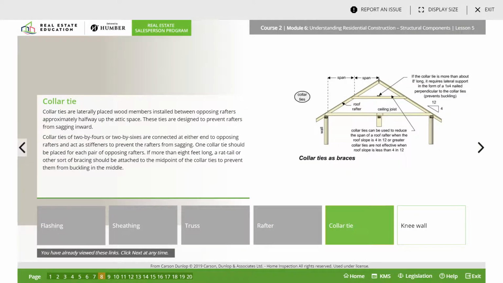Collar tie. Collar ties are laterally placed wood members installed between opposing rafters approximately halfway up the attic space. These ties are designed to prevent rafters from sagging inwards. Okay, I see it.